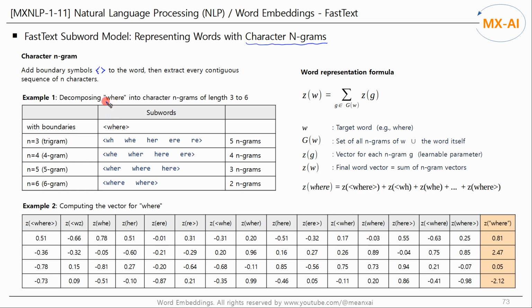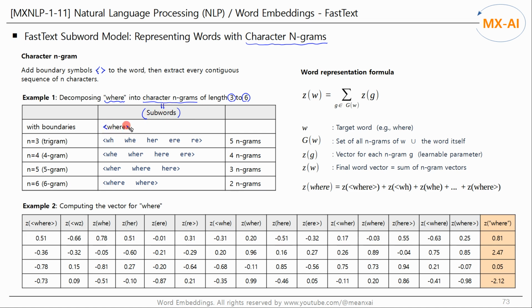For example, suppose we decompose the word where into character n-grams with lengths from 3 to 6. Then we obtain the following set of subwords. Technically, character n-grams and subwords are not exactly the same thing, but in this lecture, we'll use the two terms interchangeably.